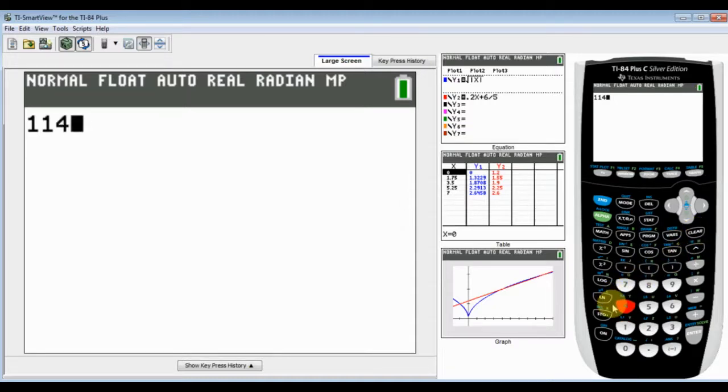Oh, wait, hold on. I'm having trouble finding the square key on the calculator. Plus 117 squared. Plus 114 squared.